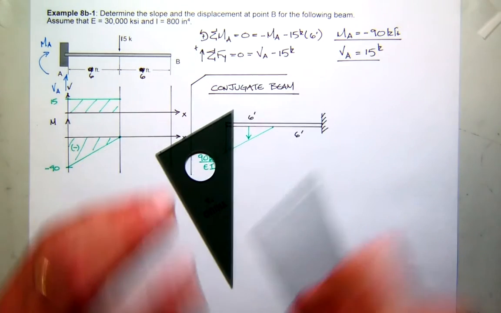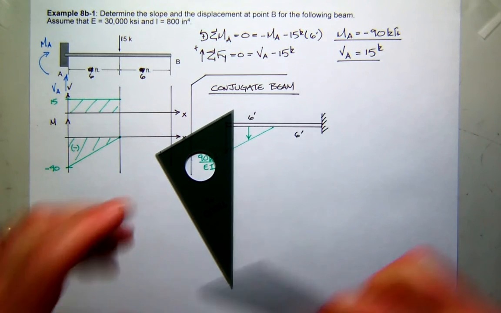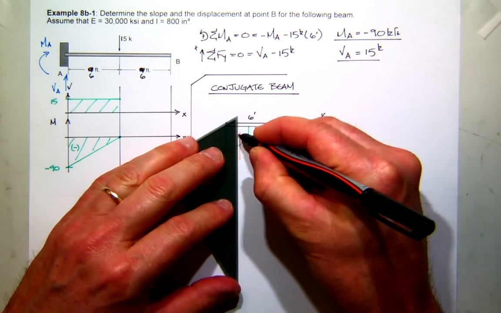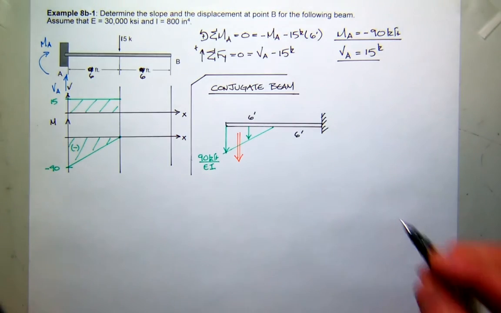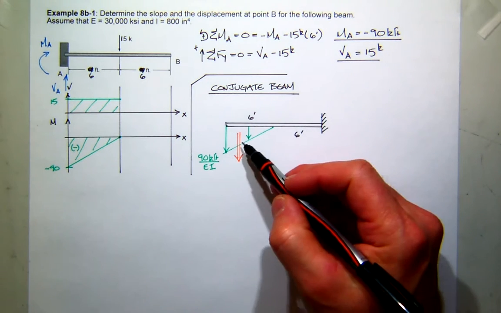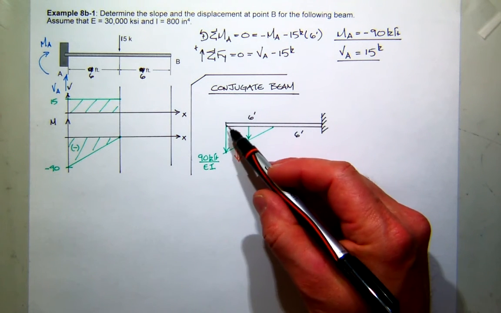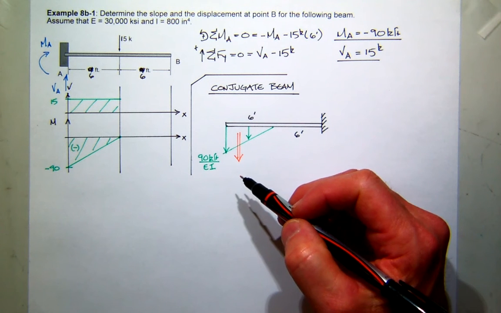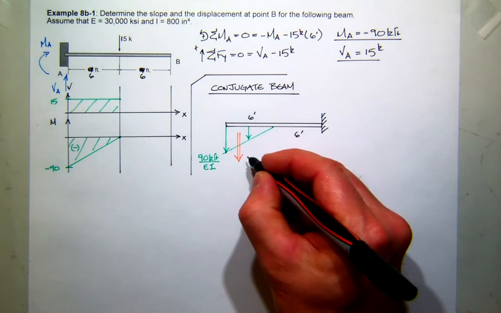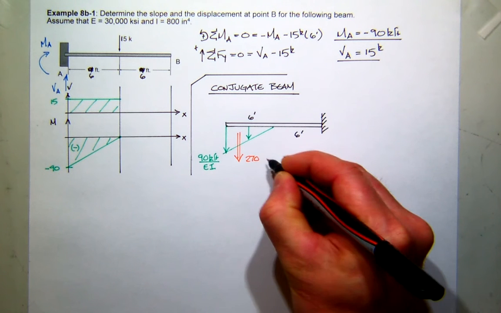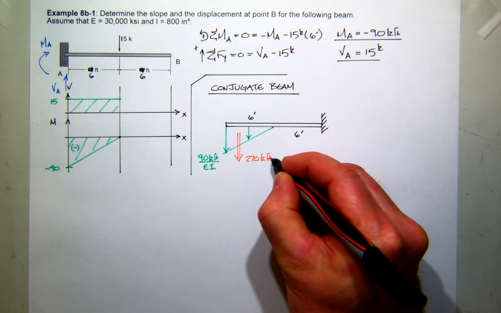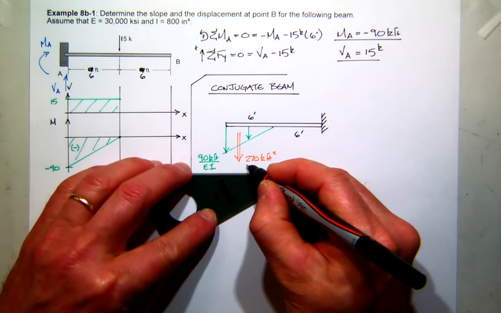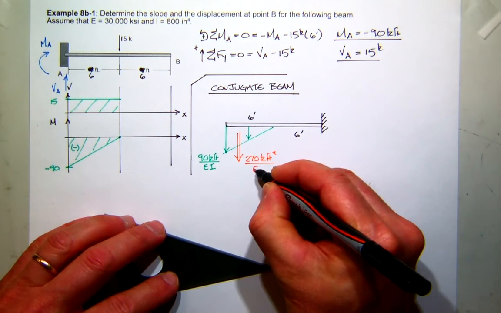So first thing I'll do is get the concentrated equivalent force for this. It's a triangle, so it should be 1/2 base times height, which is 270. So I get 270, and that's going to be kip feet squared divided by EI.